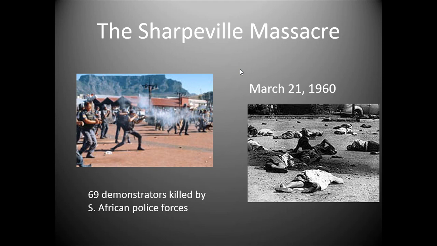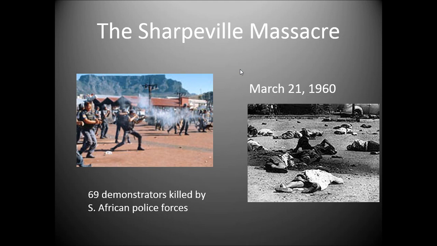The other thing is that it starts getting warmer as the day proceeds. People start getting hungry. You start getting a little bit more hostility emerging from the crowd. And then people start to throw rocks. People try to break out the windows of the police station, and people start to push up against the metal fences outside of the police station. And when that happens, the police come out.